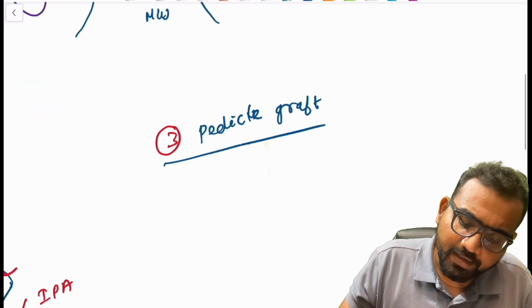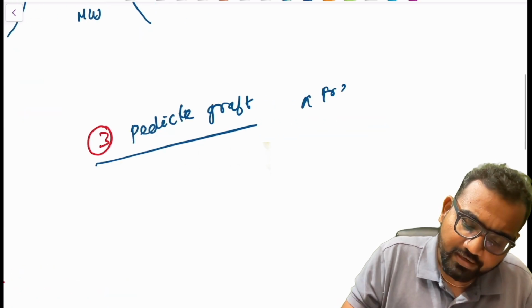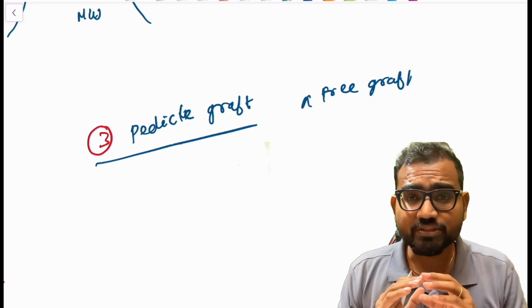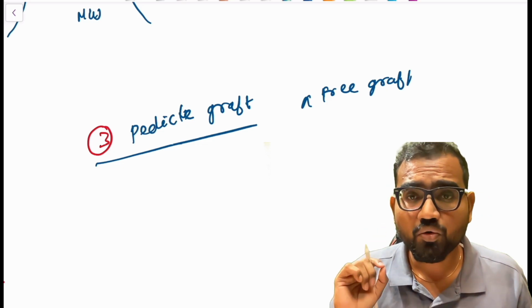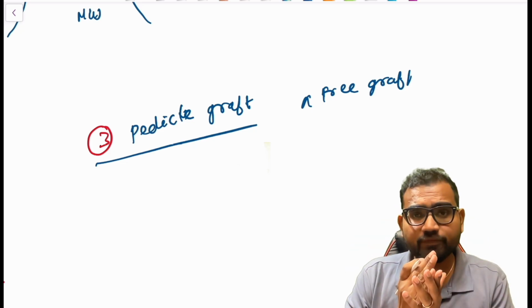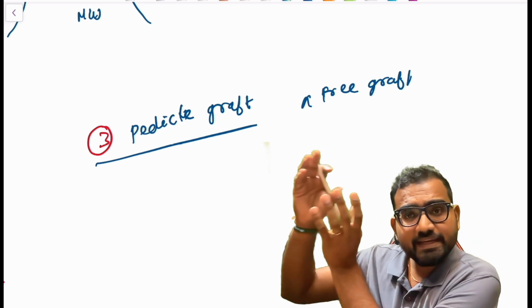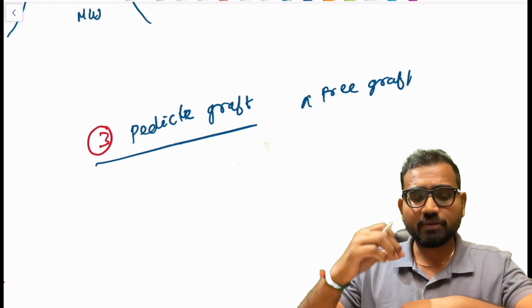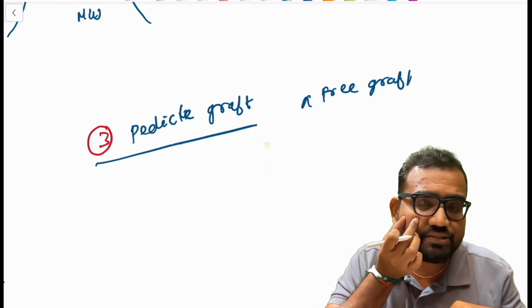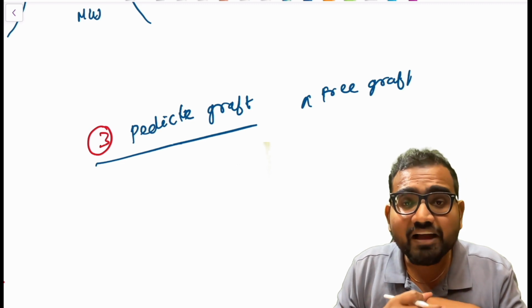Okay, so pedicle graft and free graft are very, very important as far as the mucogingival surgeries are concerned. What do you mean by a pedicle graft is very simple. If I cut a piece of tissue and place it in another area, say for example, I cut this piece of my skin and place it in my cheek, that becomes a free graft.